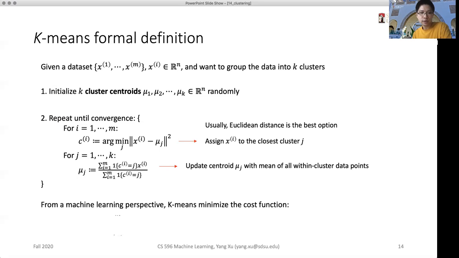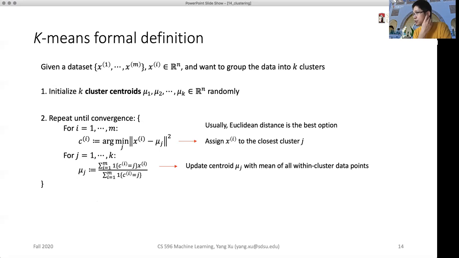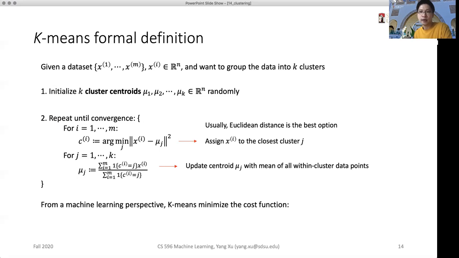So if we want to describe the target using the language of machine learning, then k-means will minimize this cost function. We want to minimize the distances from the data points to the clusters that the current data points belong to.